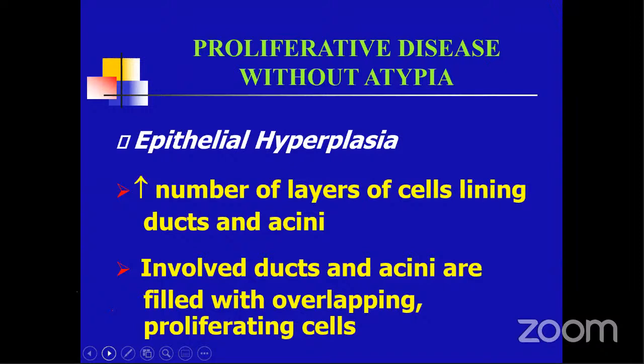Okay, so we have different proliferative diseases. So aside from fibrocystic change, we have epithelial hyperplasia. So an increased number of layers of cells lining ducts and acini. So this would involve ducts and acini filled with overlapping proliferating cells.